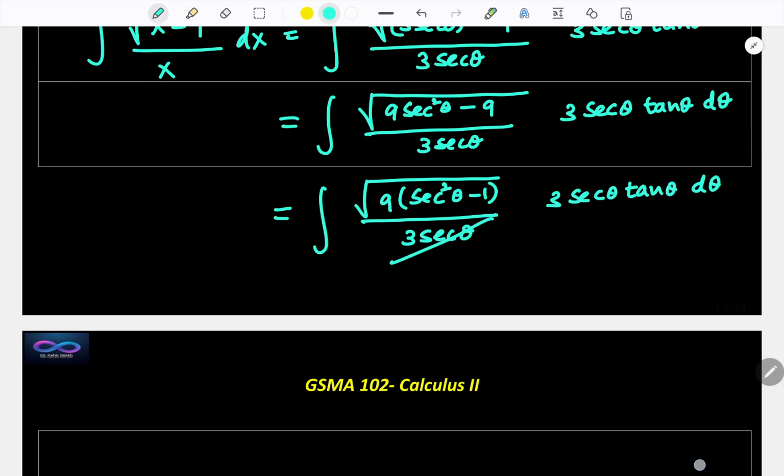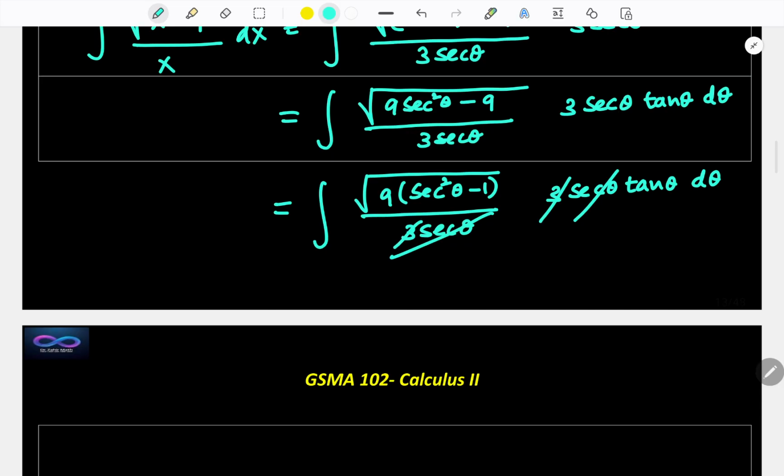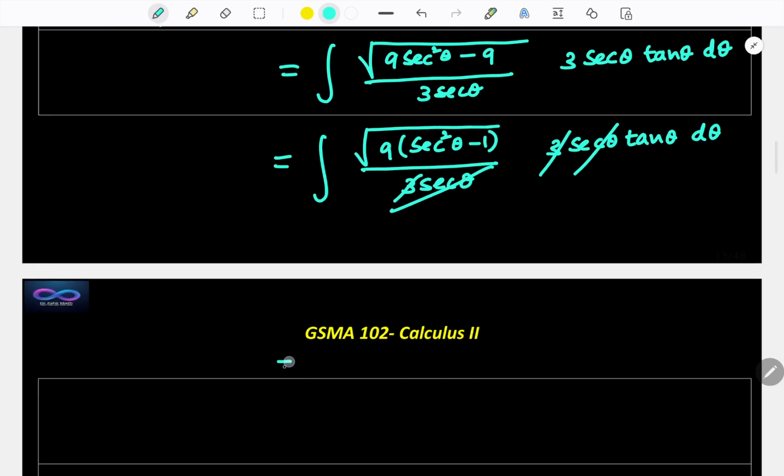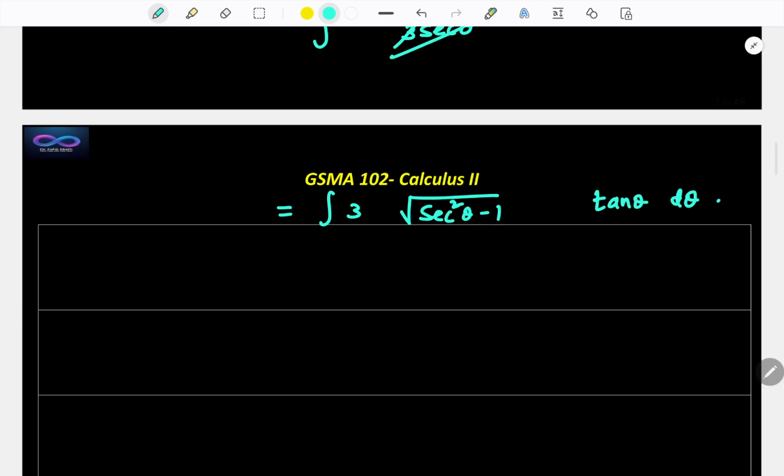Of course, I keep on writing, so better we cancel this one. So this equals integral square root of 9 is what? 3, and square root of secant square theta minus 1, and then tan theta d theta. Now you have to remember again one formula. 1 plus tan square theta is equal to what? Secant square theta. Right.